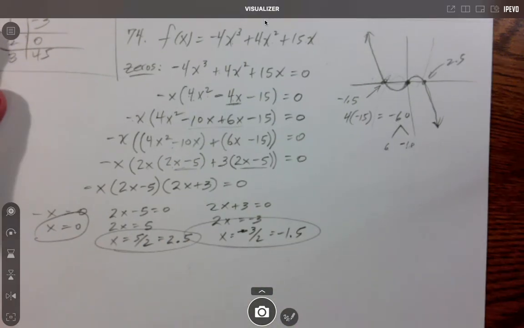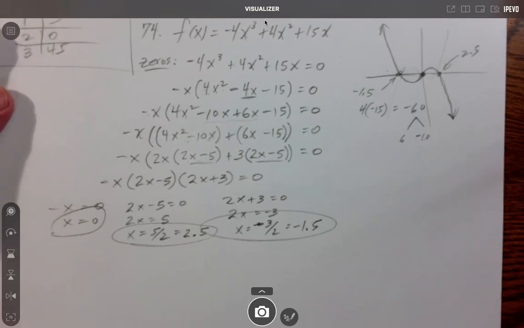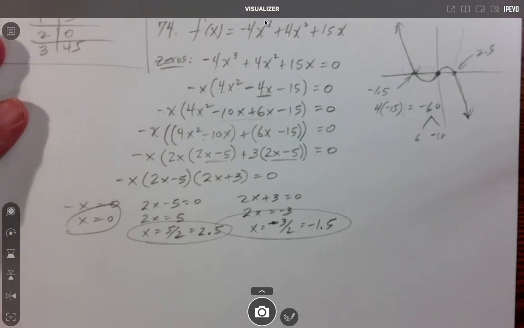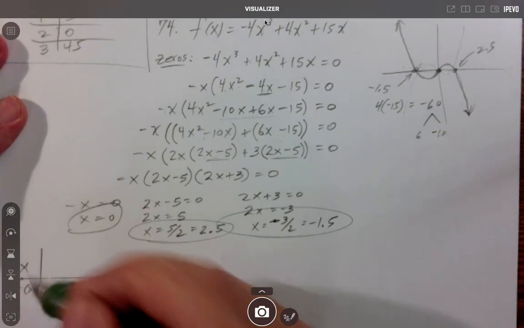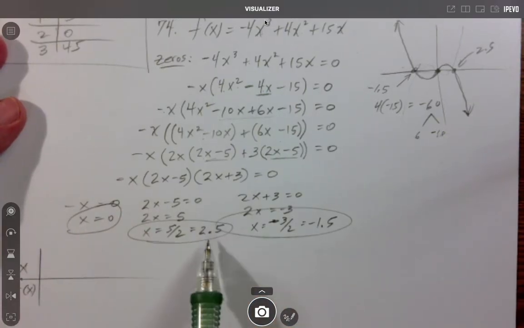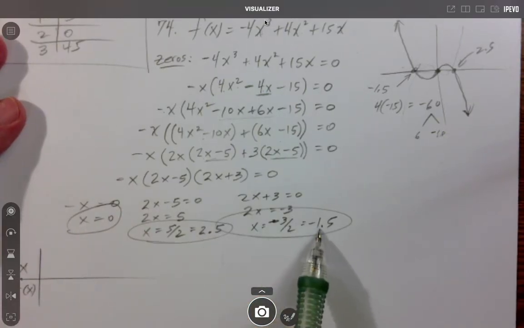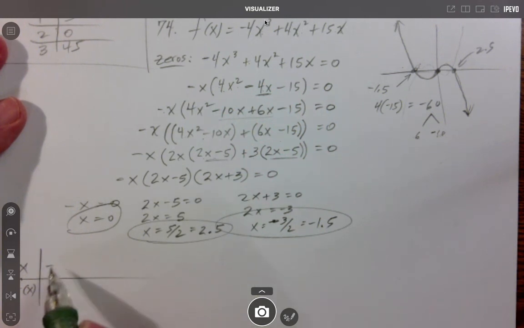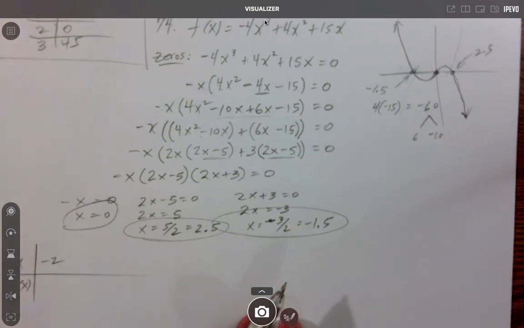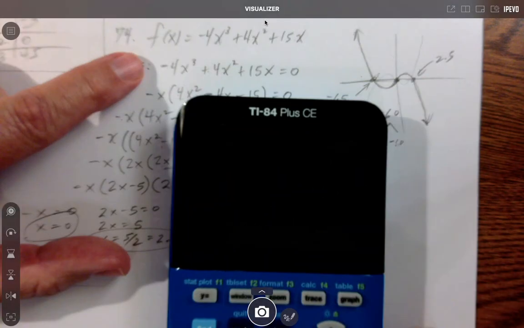And then we would like to have some other points as well, right? So making the xy table, x, f of x, same thing. And furthest to the left I've got is negative 1.5, so maybe I'll do, I don't know, negative 2. So what do I get when I plug in negative 2?